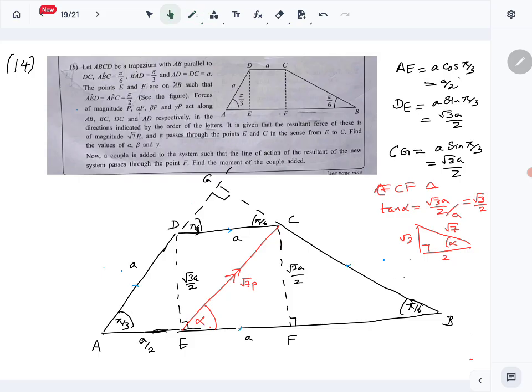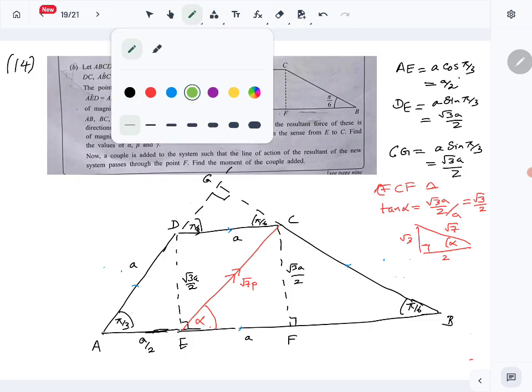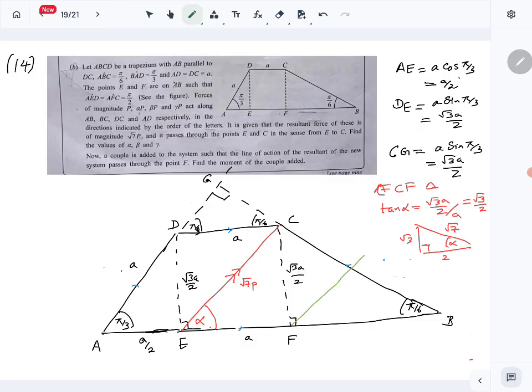Right. So this is our system. Now the new resultant, let's say R dash, goes through F when a couple is added to the system. Let's say that couple is G. Now we need to figure out the value of this.